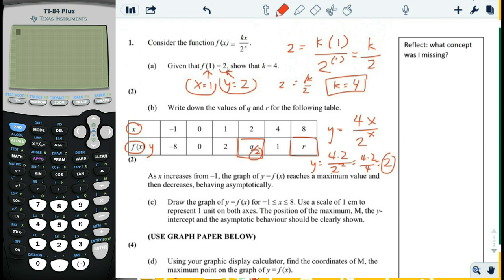And then the 8 here, let's see, y equals 4 times 8 divided by 2 to the 8th. Well, 2 to the 8th power is equal to, if you do it on the calculator, you'll see that it's 256. Okay, and 4 times 8, if you do on your calculator, is 32.